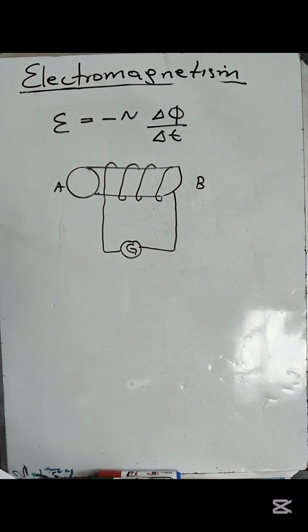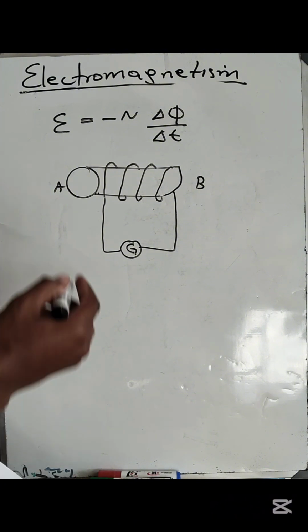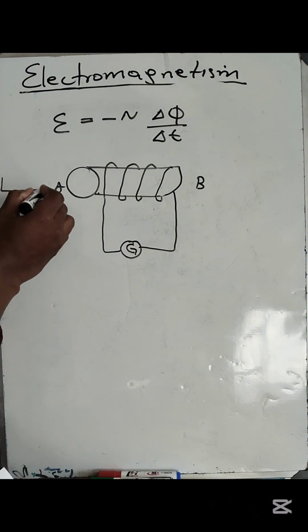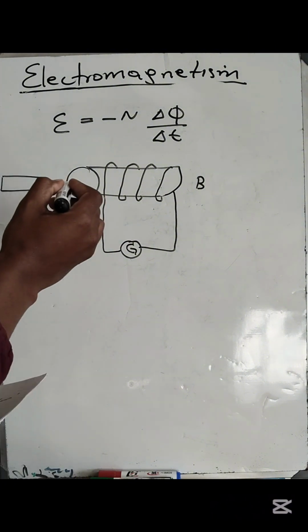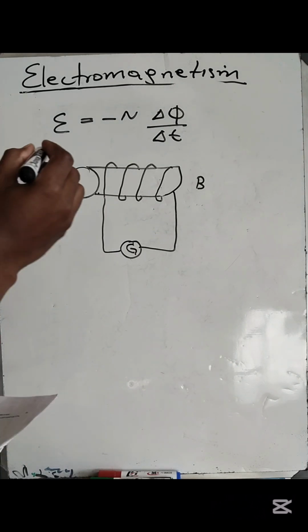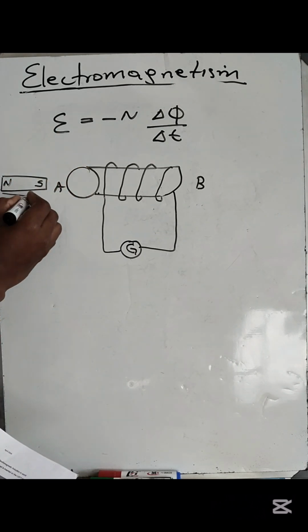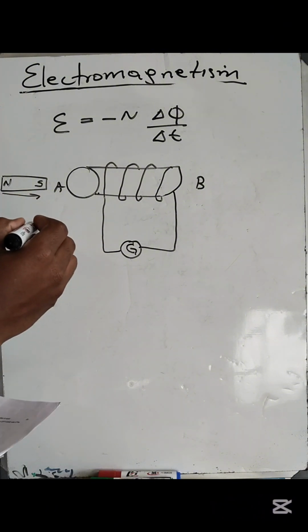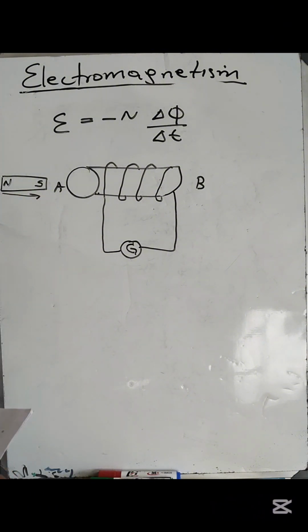Then there is a magnet here, with south here and north here, and this magnet is pushed inside the solenoid.